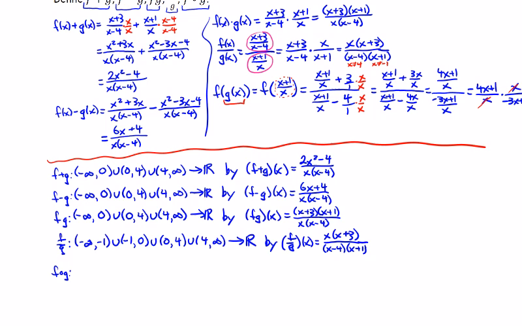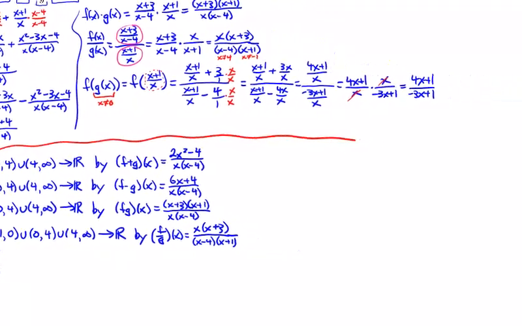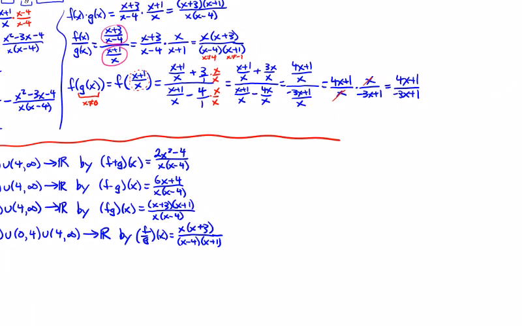The restriction on g of x is that x is not allowed to be 0. But then we have to jump straight to the final equation and check to see if there are any restrictions with that. So the restriction on the final equation says that we have negative 3x plus 1 in the denominator.